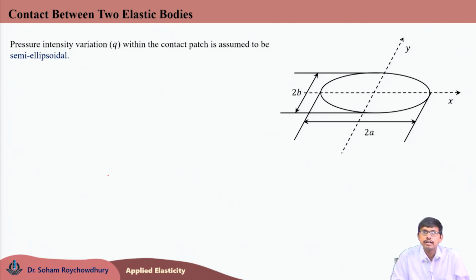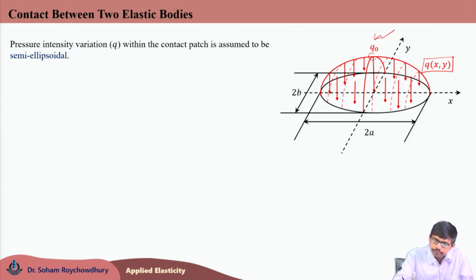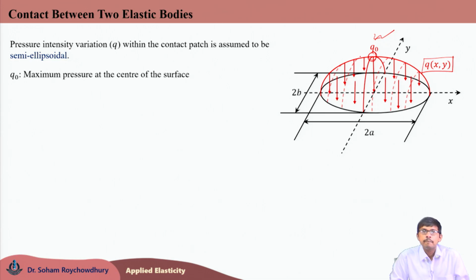So, this is the contact boundary, let us say of semi major axis small a, semi minor axis small b, and the contact pressure distribution would be something like this, which is having semi ellipsoidal variation, which is q(x, y) in 2D, and this q naught is the value of q at the center, which is the maximum pressure intensity at the center of the contact surface.